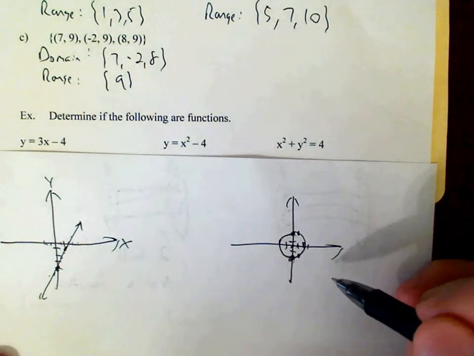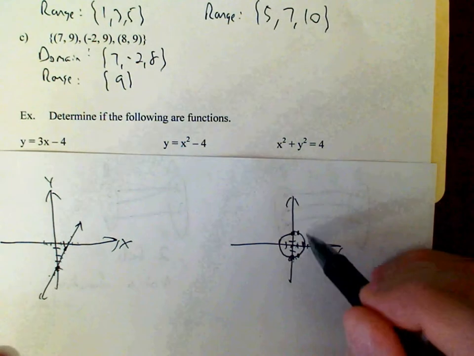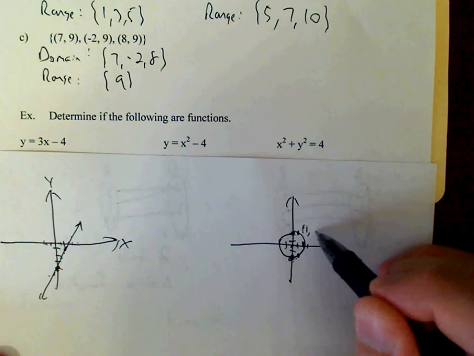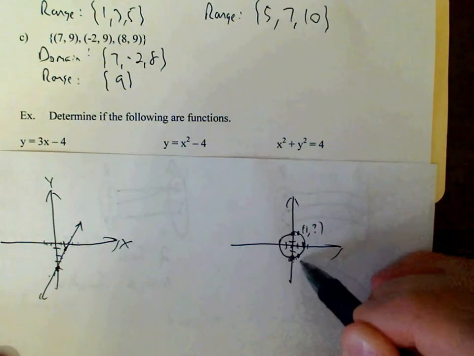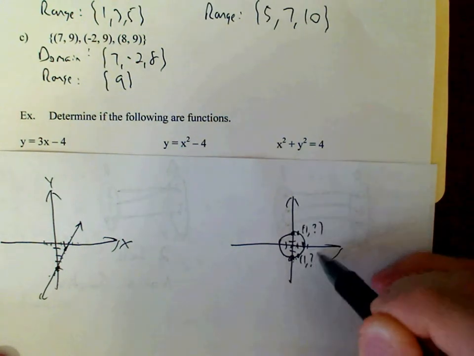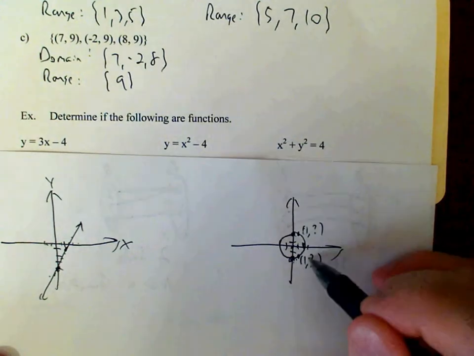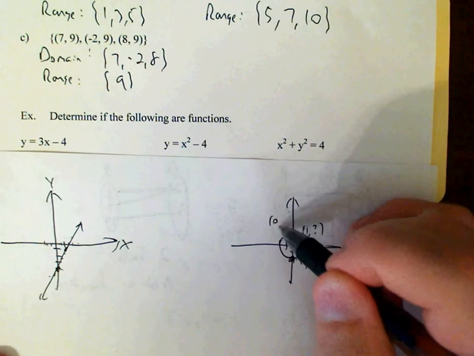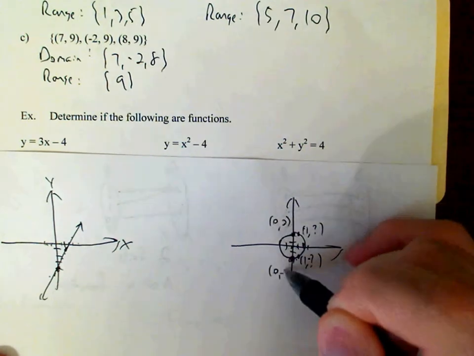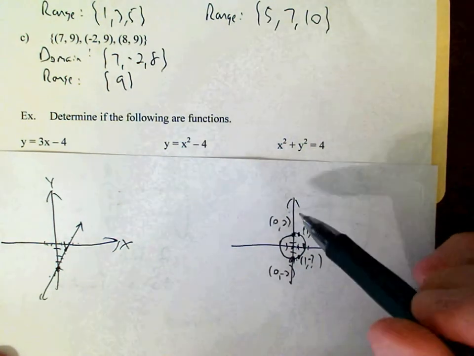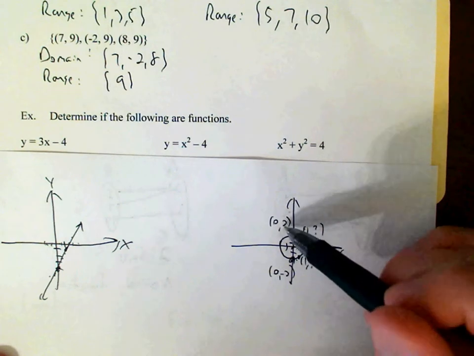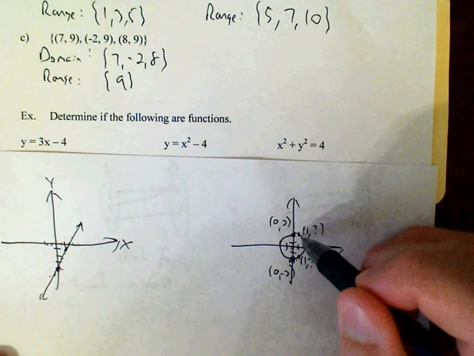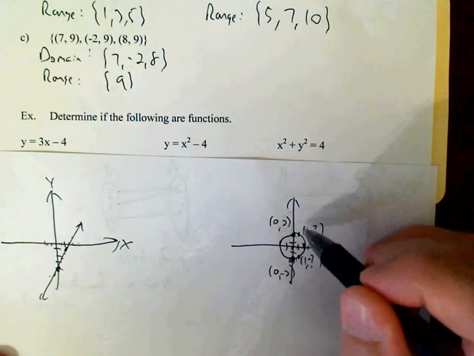That point will be 1 comma some y value, and this point will also be 1 comma a different y value, maybe negative 1. This is 0 comma 2, and this point is 0 comma negative 2. What that's saying is that my x value of 0 has too many y values. So does the 1 right here. But all I need is one x value to fail.